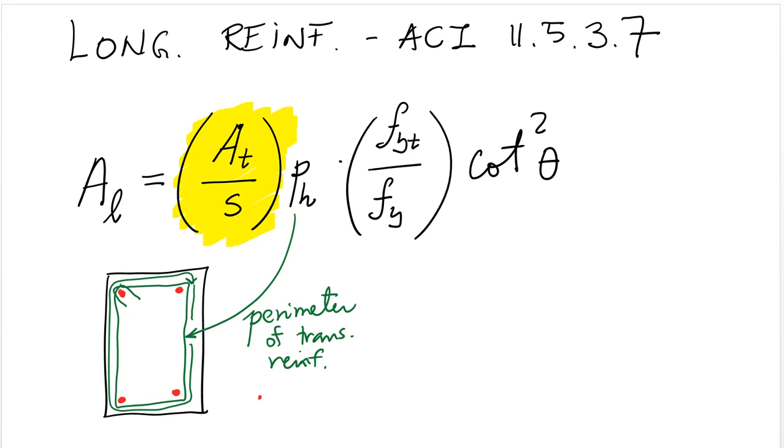Fyt and Fy are the yield stress of the transverse reinforcement and the longitudinal reinforcement respectively, and cotangent of theta squared is going to be taken again with theta at 45 degrees. And basically these are the two equations that define the transverse and longitudinal reinforcement for torsion.